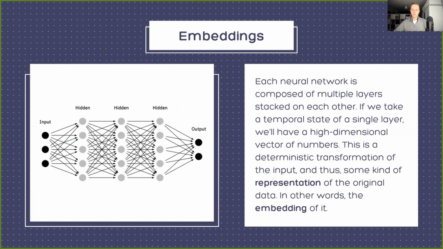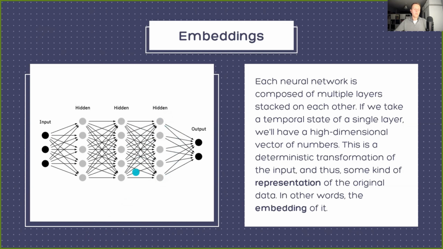And that actually means that we can see the input and output of each layer as some kind of embedding, some kind of different representation of that data. And we can also use that information for some comparisons between different data samples.